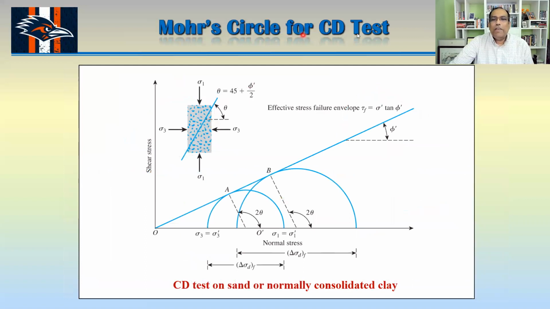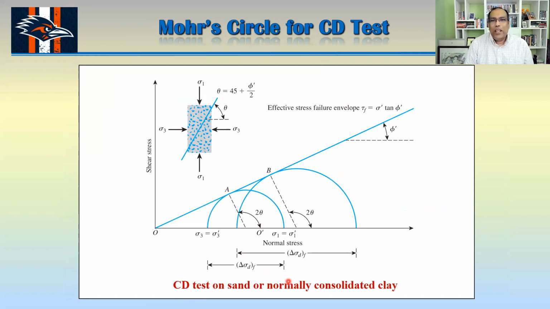Now Mohr circle for the CD test. First of all, the CD test for sand and normally consolidated clay. You can see when this one is saying sand or normally consolidated clay, your c is basically 0, okay?